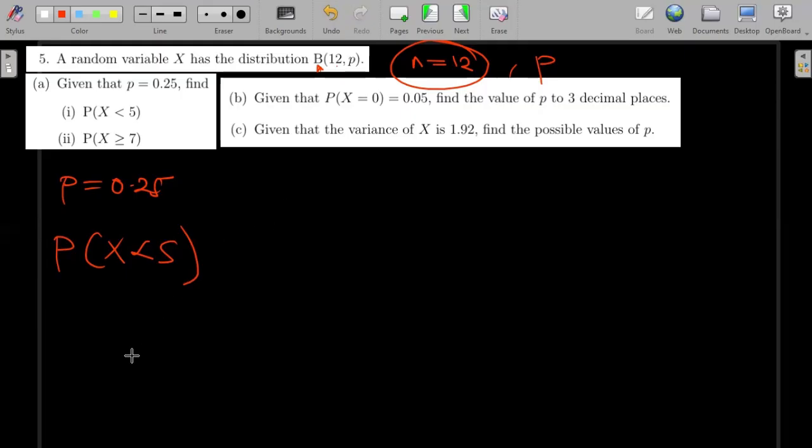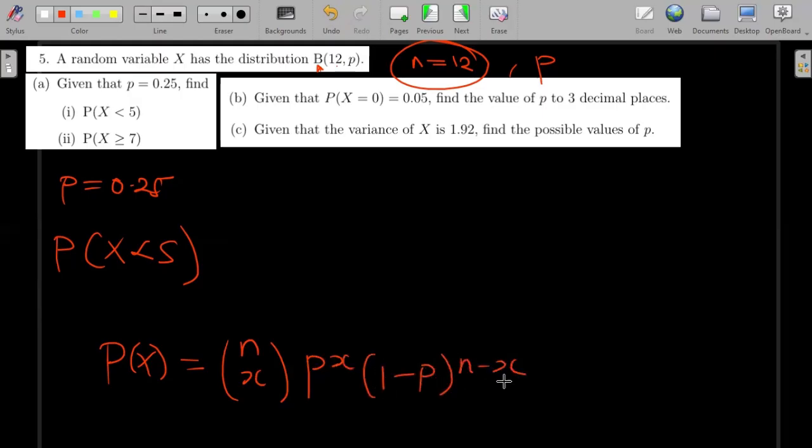The PMF of a binomial distribution is given as the probability of x equals n choose x, times p to the power x, times 1 minus p to the power n minus x. This 1 minus p is the same as q, and q is known as the probability of failure.